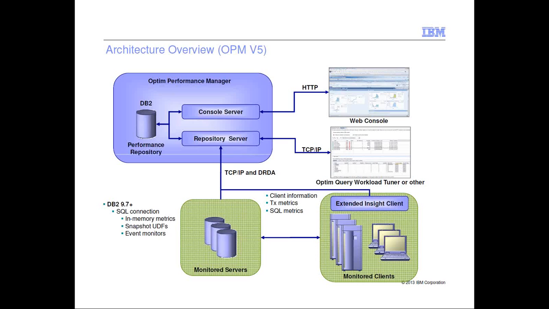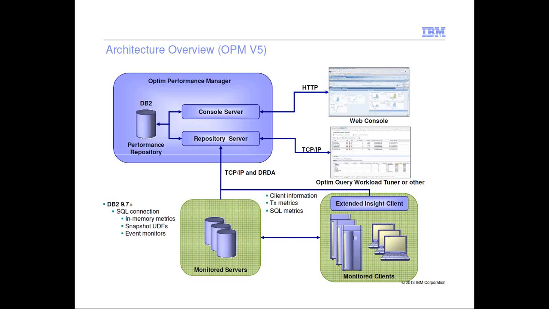So apart from these basic features, there is an additional component called the Extended Insight Client or EI license that can also be taken along with OPM. And this helps in analyzing not just the database issues, but also where different times are being spent over the entire stack of your application, network, operating system, the driver level, and other layers.